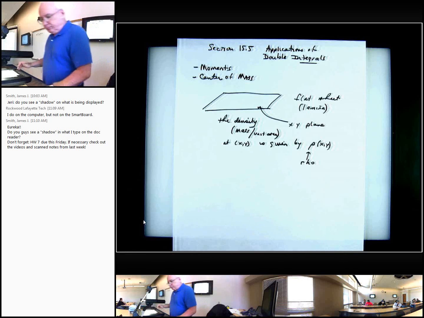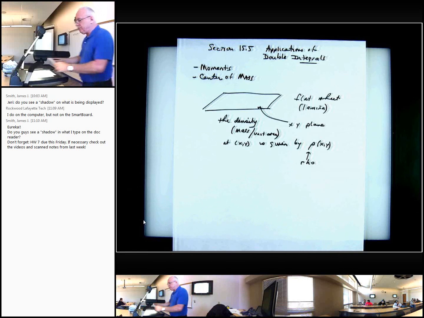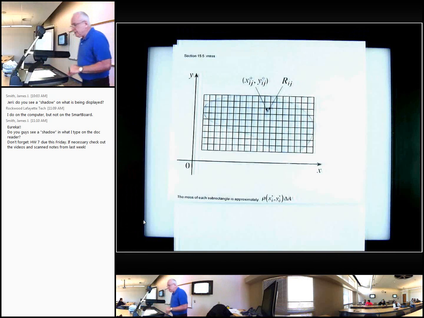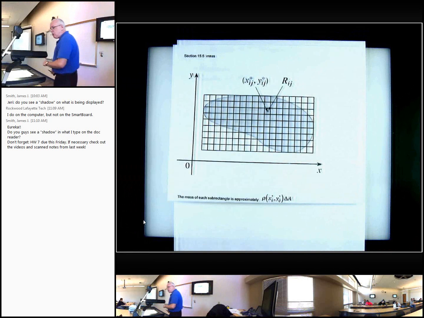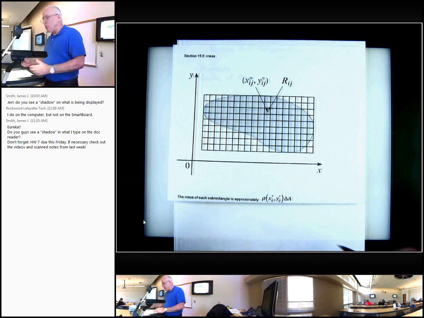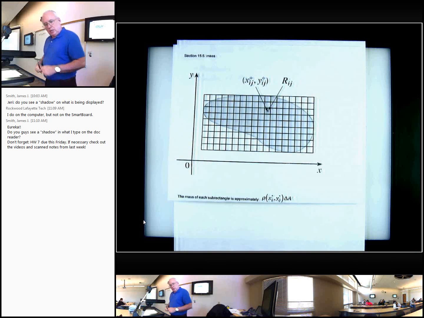Okay, so let me just show a little picture here of what we're talking about. Here is our gray area, that's our lamina there in the XY plane. Because we're going to be integrating over this, it's all being divided up into little squares.